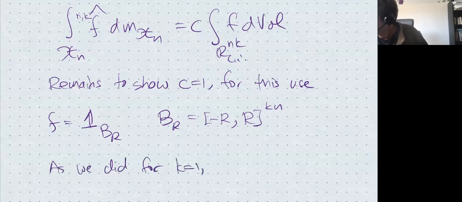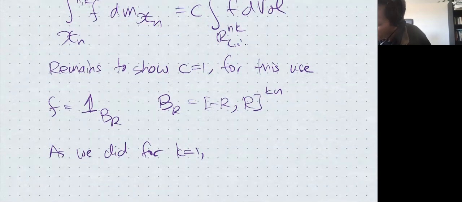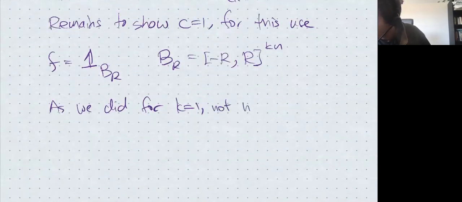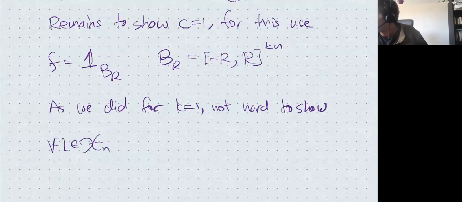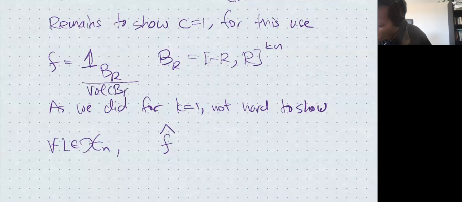It's not hard to show that for any lattice L, no matter what it is, F should be the indicator of BR divided by the volume of BR.